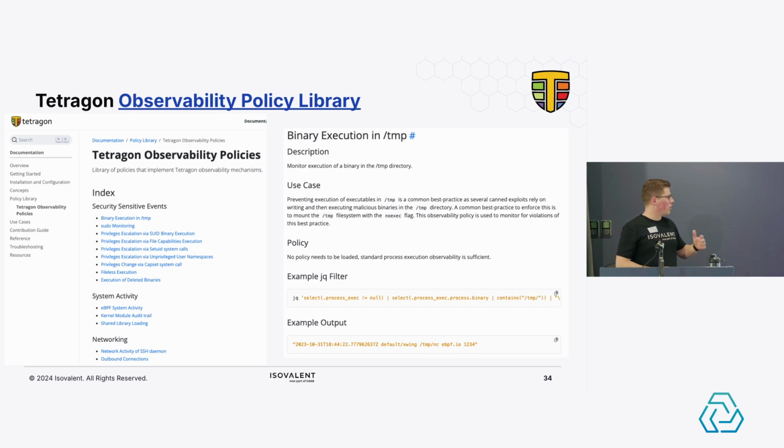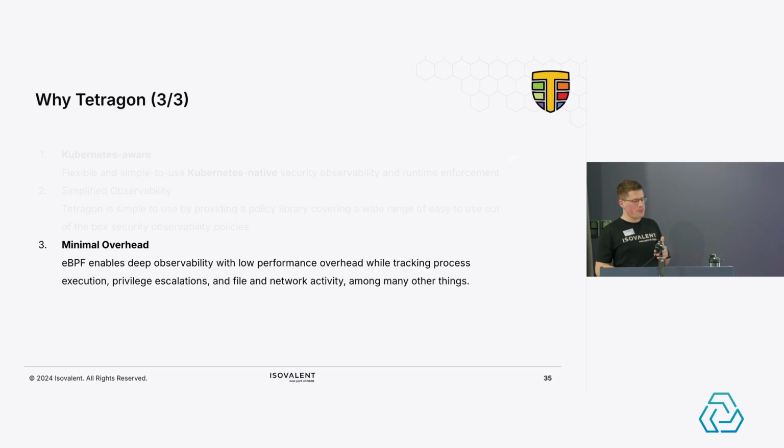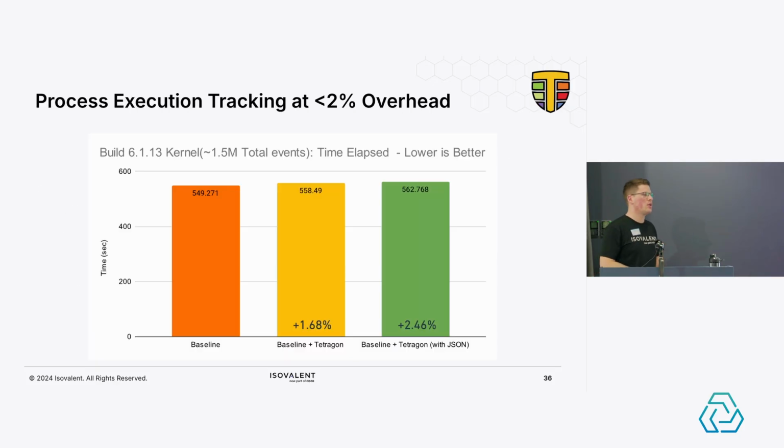So there you find policies for getting an event whenever there's a binary execution happening in /tmp, or if there's a privilege escalation or somebody's executing sudo, and so on. And last but not least, as Tetragon is based on eBPF, and we try to do as much as possible within eBPF, we have a very low overhead on your system regarding resource usage.